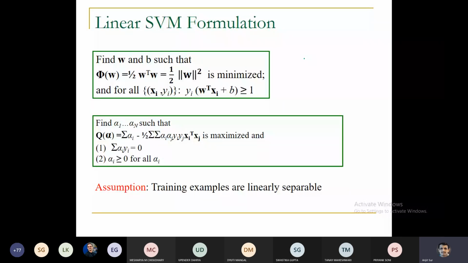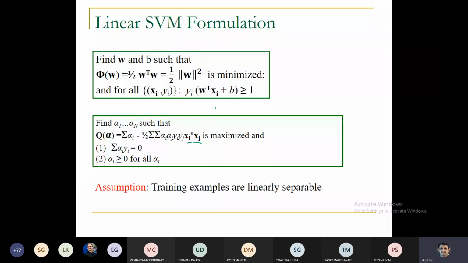This is the basic formulation: maximize the sum of alpha_i minus half of the double summation of alpha_i alpha_j y_i y_j x_i^T x_j, the dot product, where alpha is greater than or equal to 0. So this should be maximized. This is the dual formulation.